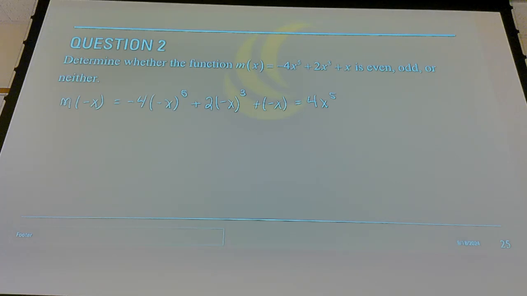And that's just minus x. Is that the original function? It does not equal f of x, so it's not even. Factor a negative out of it. Once you factor a negative out, is that now the original function? Which is odd. I'm using f, I should be using m.